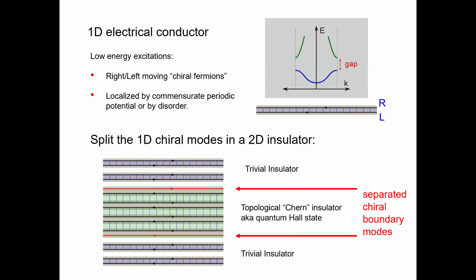So it's just like what happened in polyacetylene at a domain wall. The right-moving chiral fermion is separated spatially from its left-moving counterpart. And so this is what a two-dimensional topological insulator, or a two-dimensional Chern insulator, is.